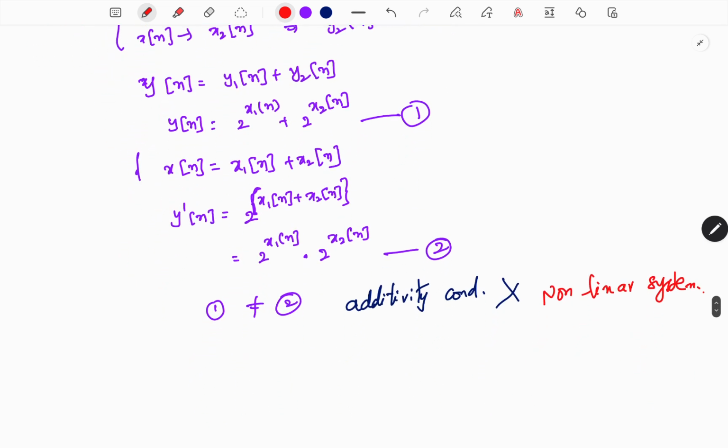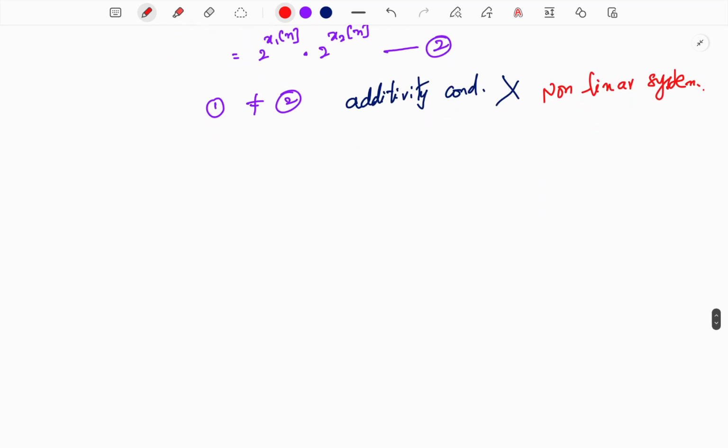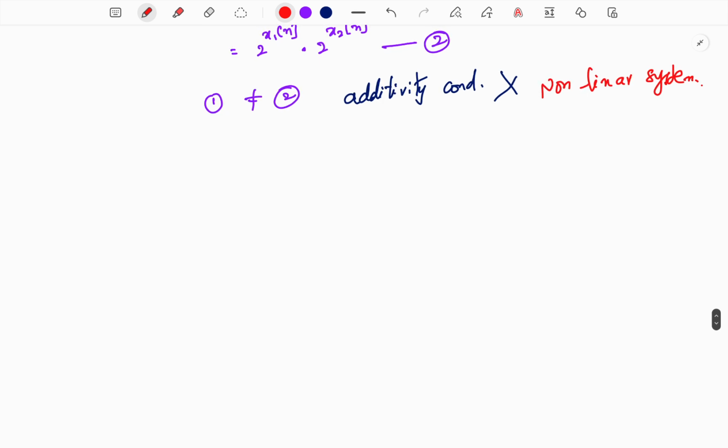Similarly, we will see some more examples. From now onwards we will comment directly on the linearity without doing all the procedure. Example 8. Y of n is equal to the signum function of x of n.